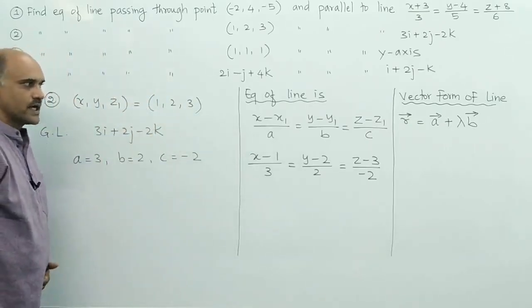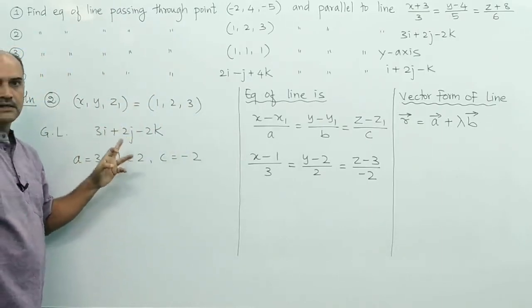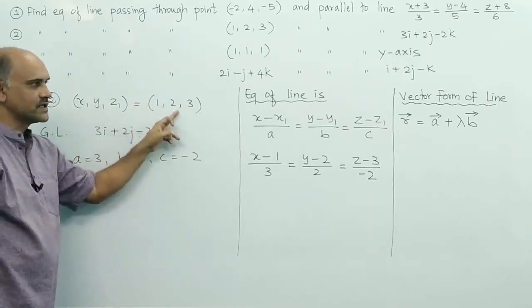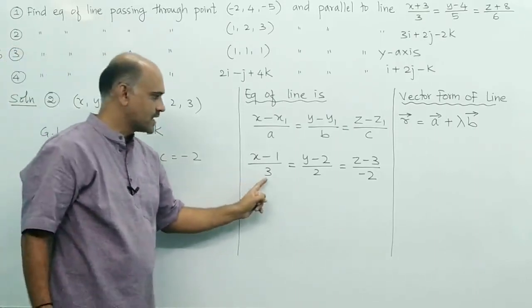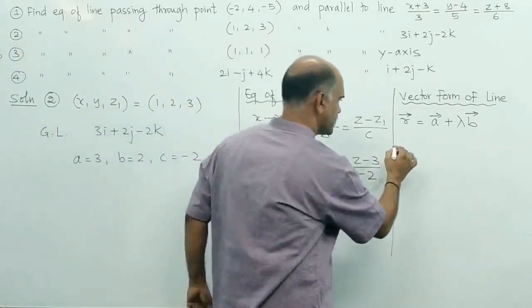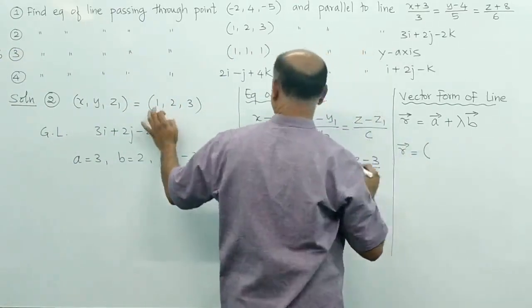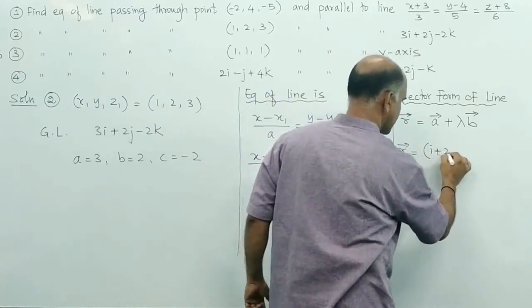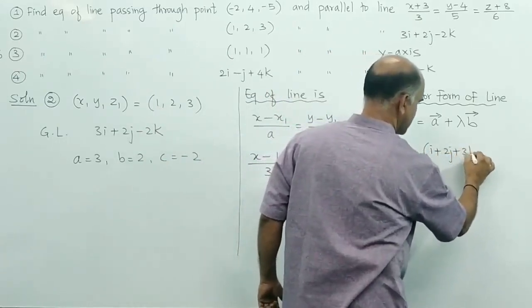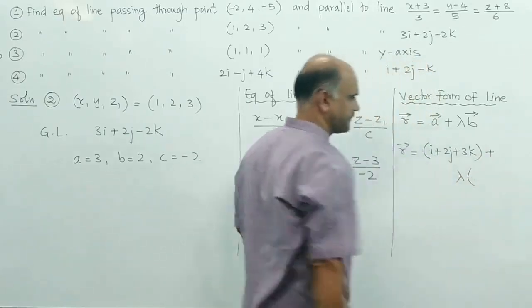Again if you want to write it in vector form, so a denotes x1, y1, z1, b denotes a, b, c of required line. So again you substitute in this, you will get vector form r is equal to i plus 2j plus 3k plus lambda into bracket.